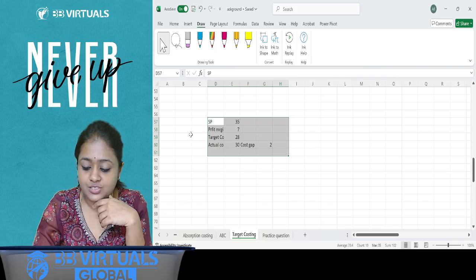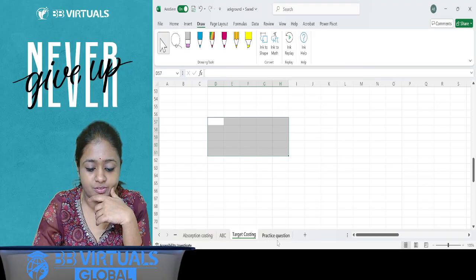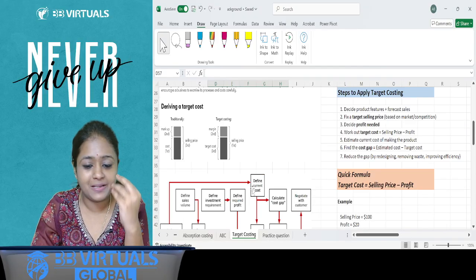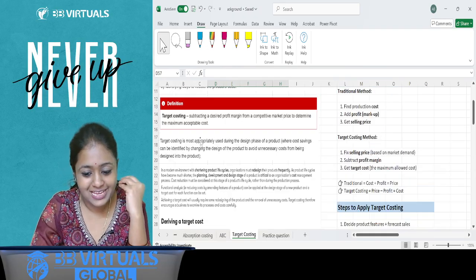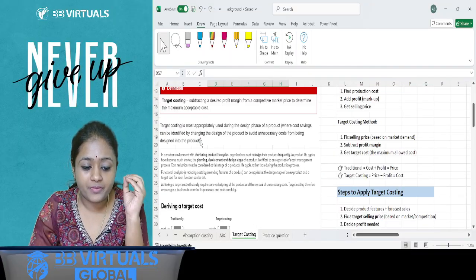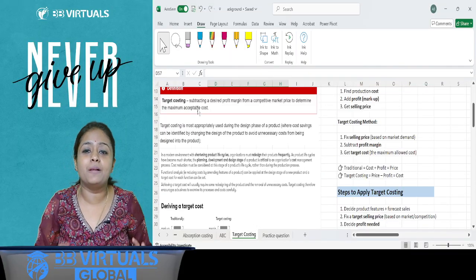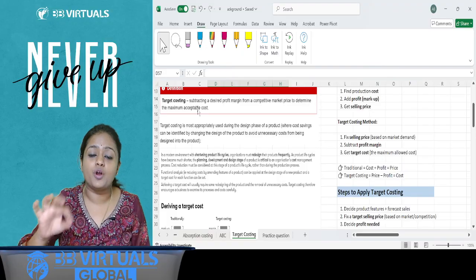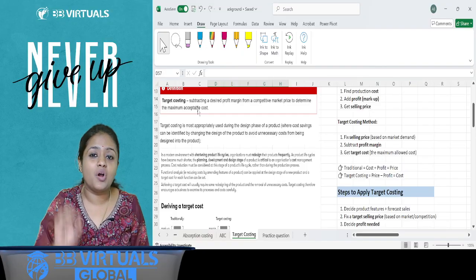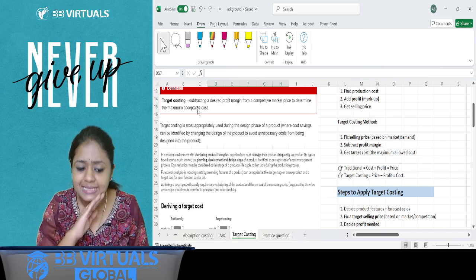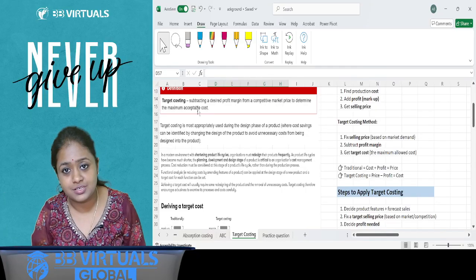Okay, now let's take it further. Let's understand the topic in an even better way and with more examples, and then we'll do questions like we have done for the earlier topics as well. So now we know target cost, simple definition: it is subtracting the desired profit margin from the competitive market price so that we arrive at the maximum acceptable cost.